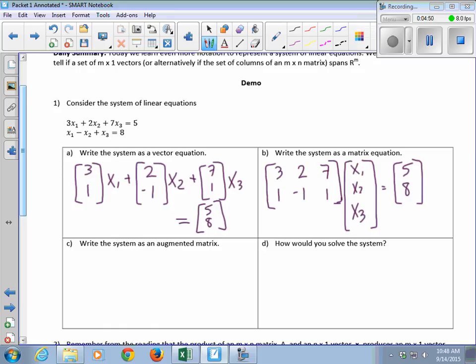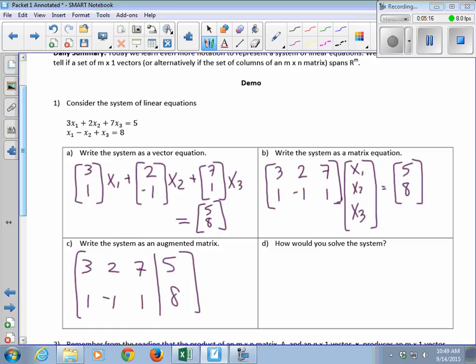We'll talk about matrix multiplication in a few minutes and how these are equivalent, but that's the translation. The augmented matrix is the coefficient matrix 3, 1, 2, -1, 7, 1 augmented with the other side of the equal sign, 5, 8.